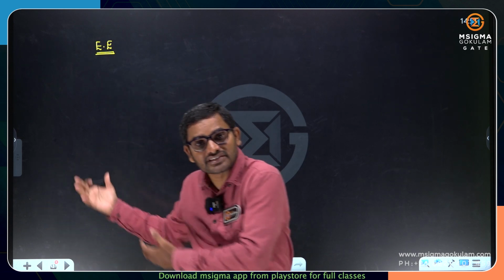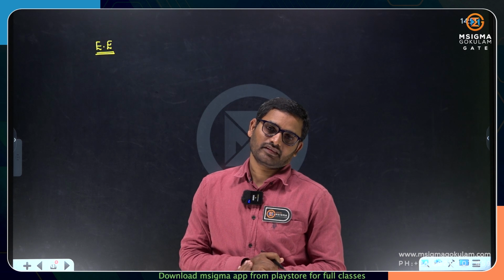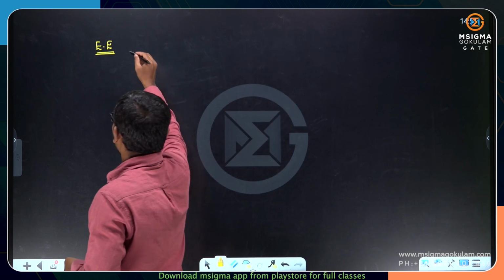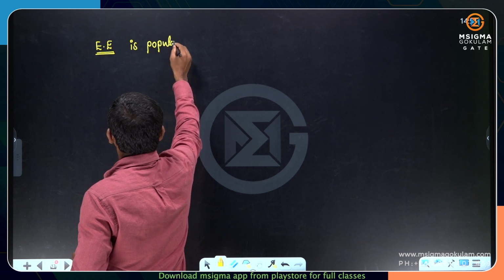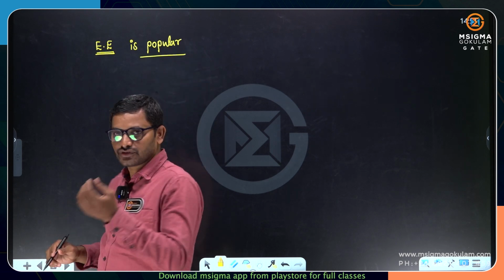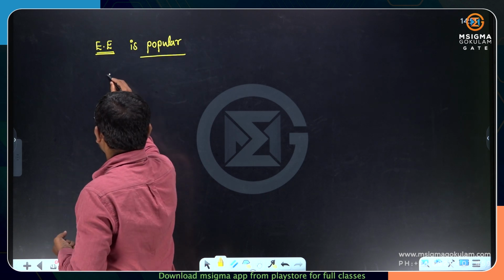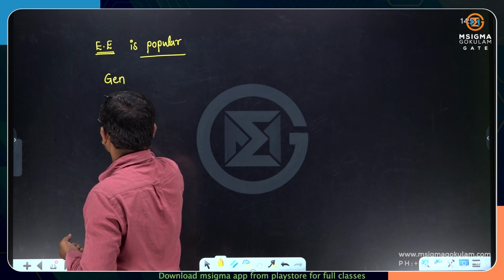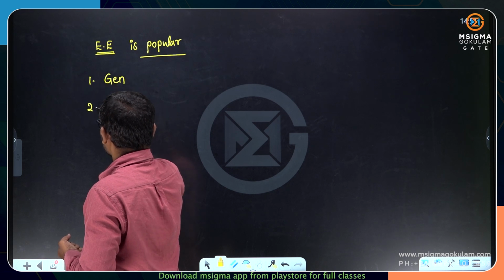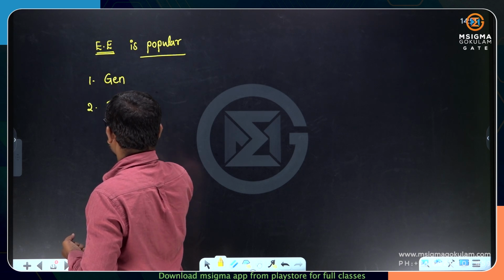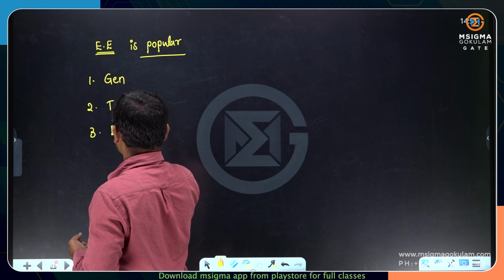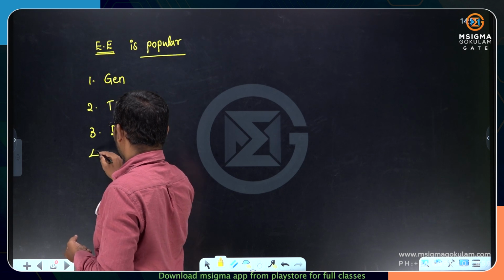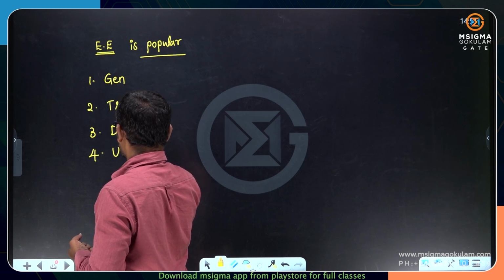But electrical energy is very much popular, and hence the electrical machineries are popular. Okay. So electrical energy is popular because of a few reasons. That is, generation is easy, and second one is transmission is easy, third one is distribution is easy, fourth one utilization is easy.